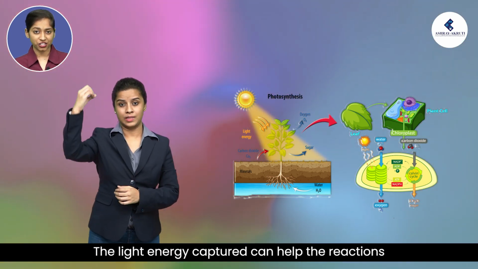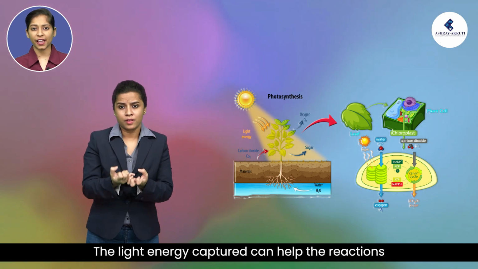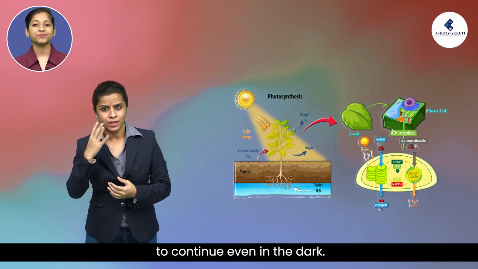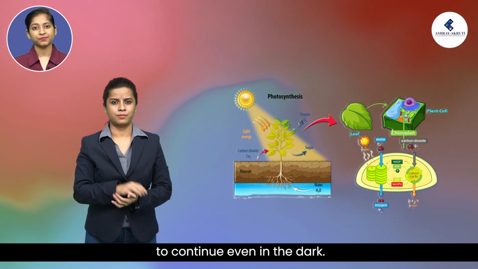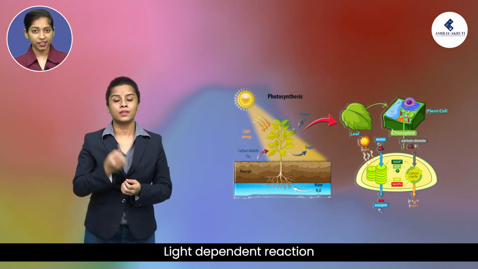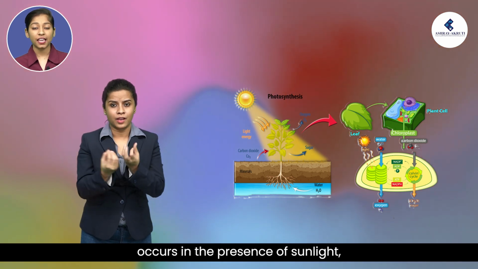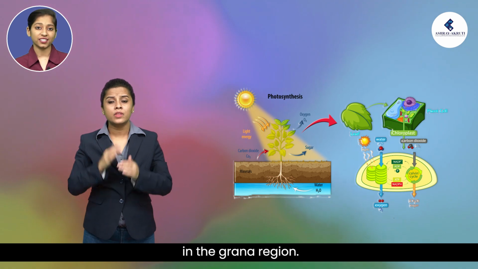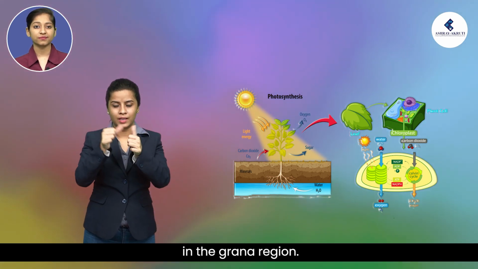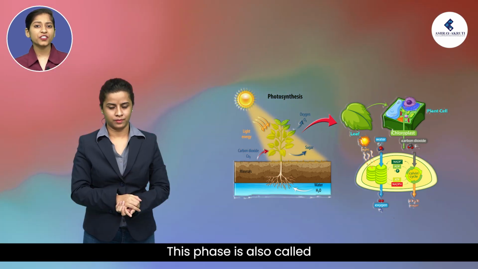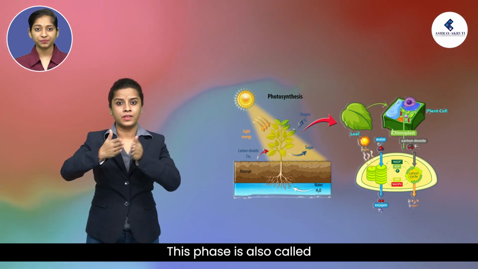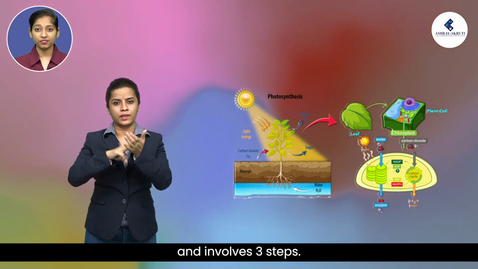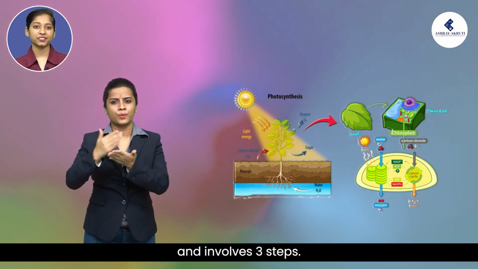The light energy captured can help the reactions to continue even in the dark. Light-dependent reaction occurs in the presence of sunlight in the grana region. This phase is also called the photochemical phase and involves 3 steps.